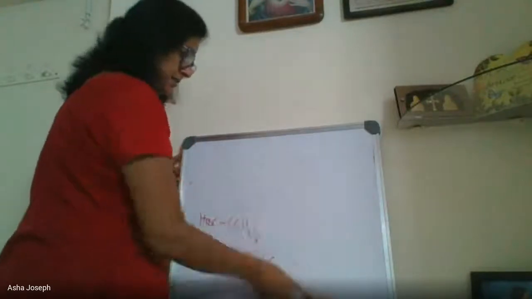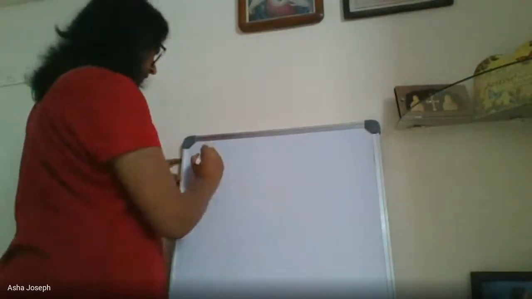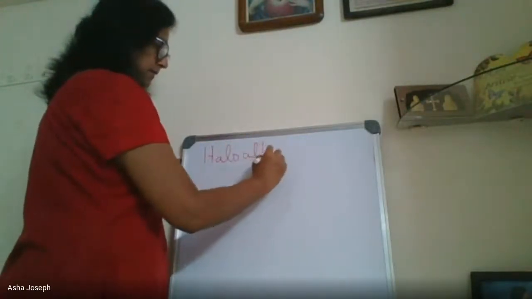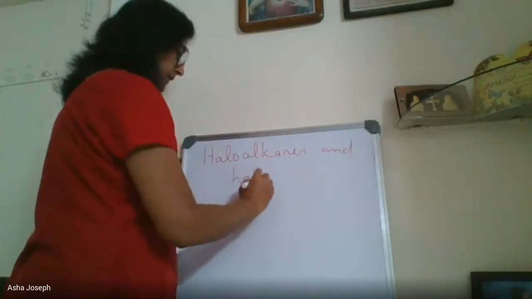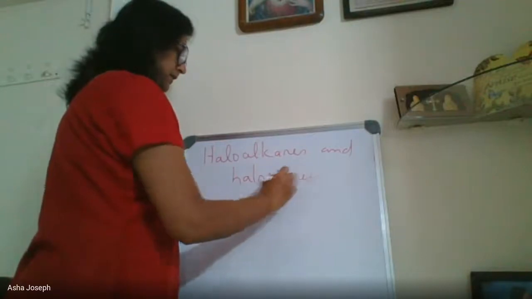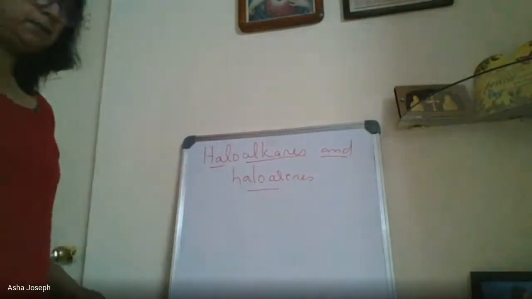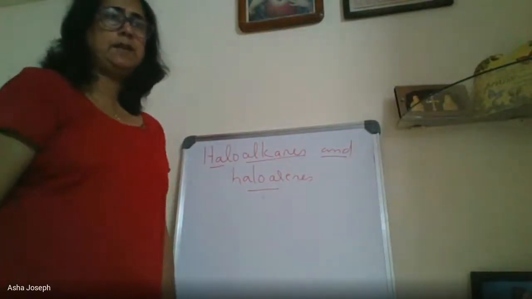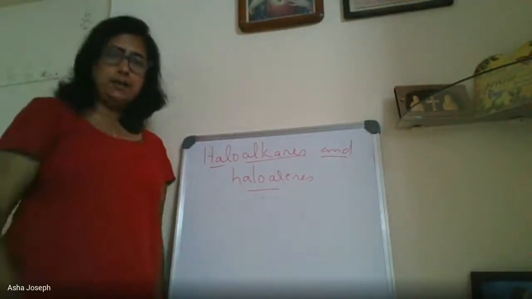So the next chapter, haloalkanes and haloarenes. First, what are they? I will explain. From the name itself, last year you learned hydrocarbons, isn't it? There you learned alkanes, alkenes, and alkynes.